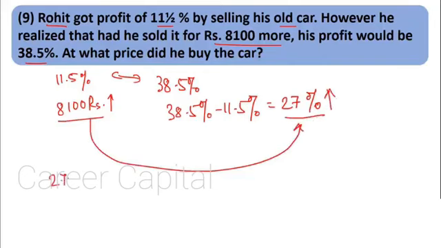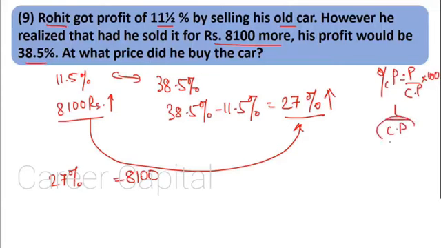So this 27% is nothing but 8,100, but 27% of what? We know that profit and loss are always calculated in terms of cost price. Look at the right hand side: percentage profit is profit upon cost price into 100. Even for loss, it is loss upon cost price. So 27% of the cost price would be 8,100.